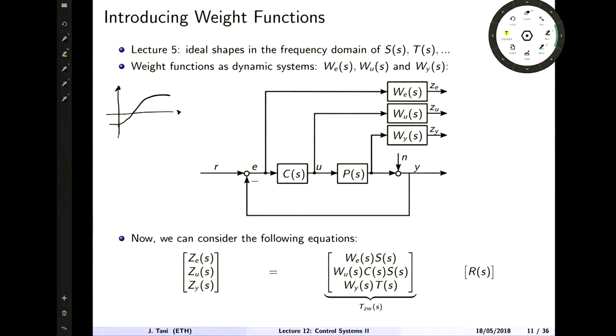Now, what is the problem if we optimize the infinity norm of this function? What happens? Can somebody tell me, what is the infinity norm in this picture?